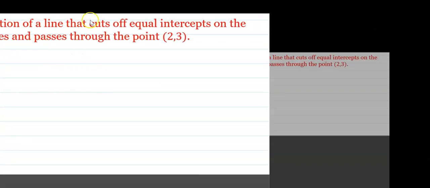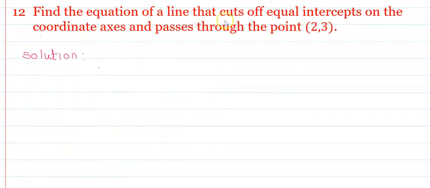Find the equation of a line that cuts off equal intercepts on the coordinate axes and passes through the point (2, 3). Okay.